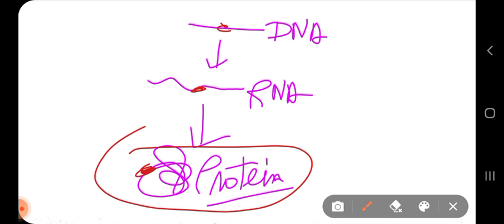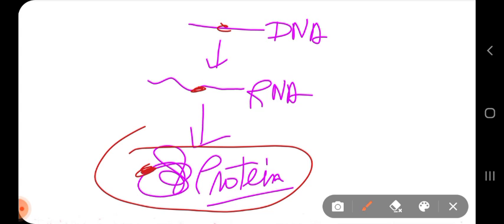Now these lethal alleles may be dominant lethal alleles or recessive lethal alleles, depending on what type of genes and alleles are involved. If the lethal allele is involved in a dominant gene, then dominant lethal genes will occur, which is very fatal, because dominant alleles express themselves even if they are present on only one of the chromosomes within the homologous pair.